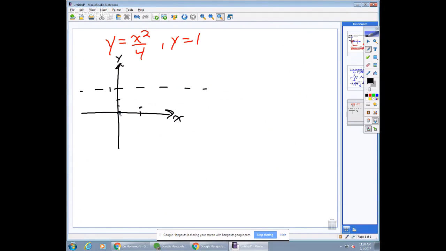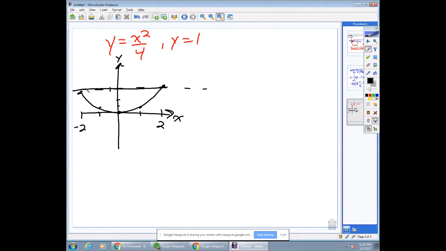We have 0. So let's see, if x is 2, 2 squared is 4, then I get y is 1. All right, and then similar on this side with -1 and -2. I get points over here and over there. So we can view this as either a vertical compression or a horizontal stretch of the standard parabola.